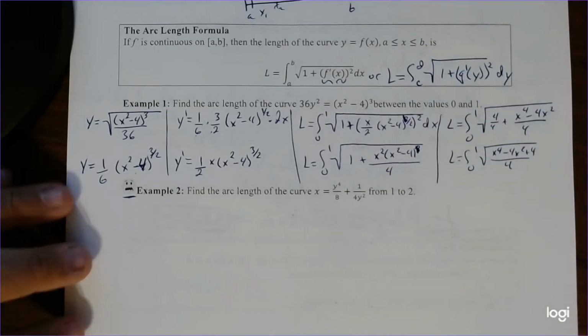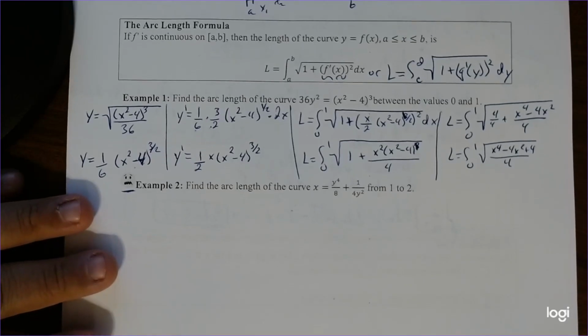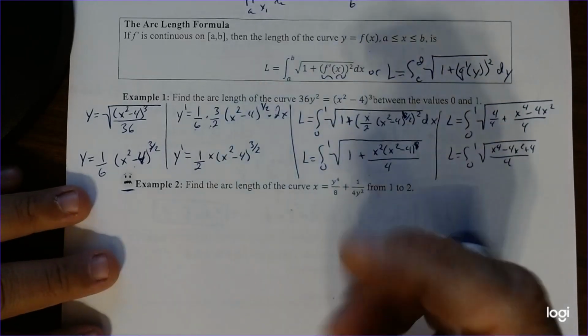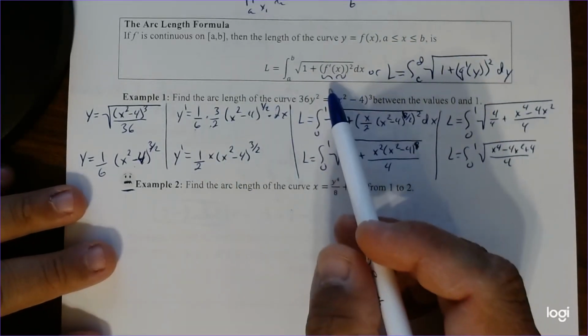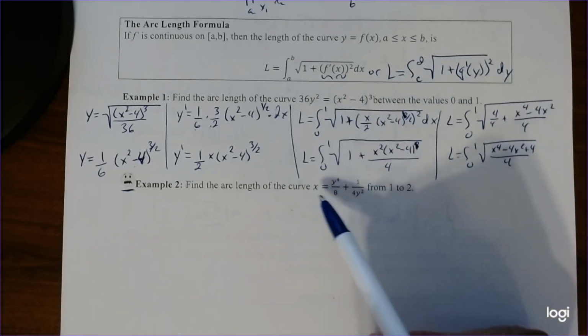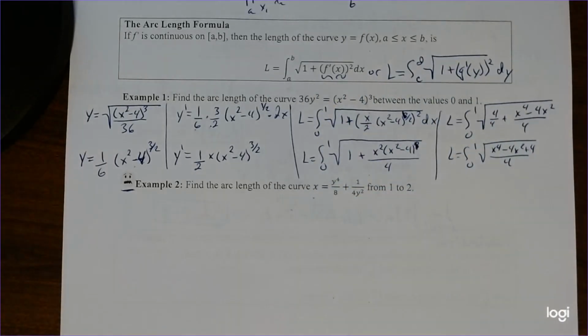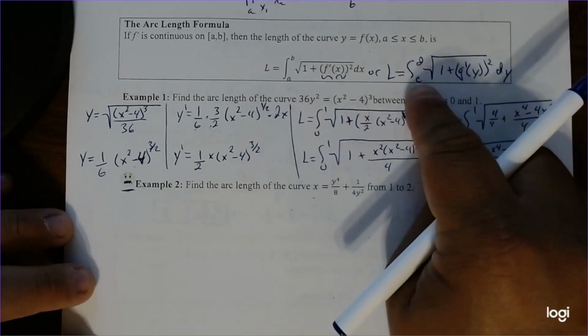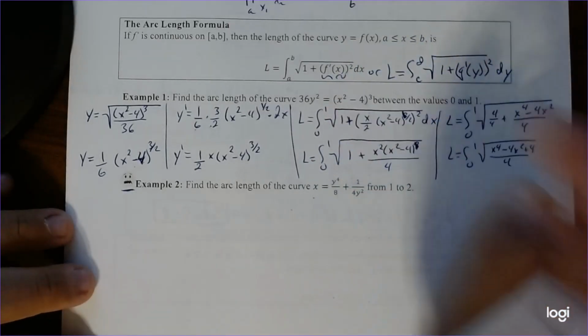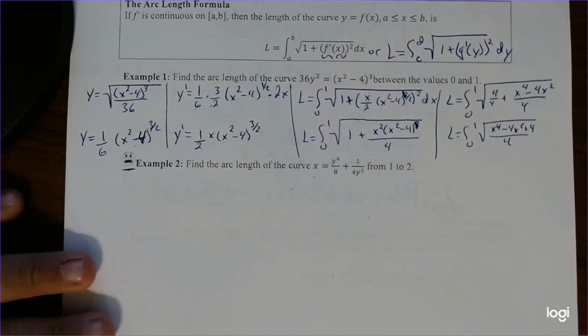So now everything's with respect to y instead of x. Whenever you have a curve, if you can solve for y, go right ahead and do it, it makes it easier. But when you can't solve for y, or they already give it to you as the curve with respect to y, you're just going to use this integration step. So same exact equation. Now we're just going to solve with respect to y instead of x.